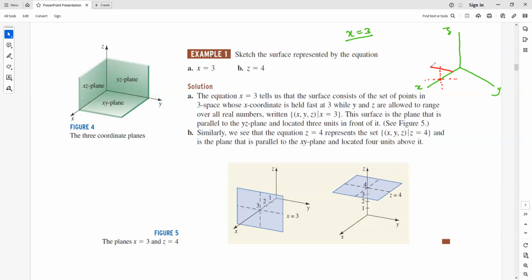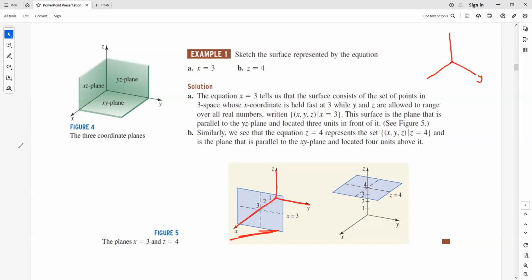So it will be a plane actually. It will be a plane like this. Okay, let me draw it again. This is the x-axis, this is the y-axis. You can see here this one is drawn already, that this is the z-axis, this is the x-axis, and this is the y-axis.